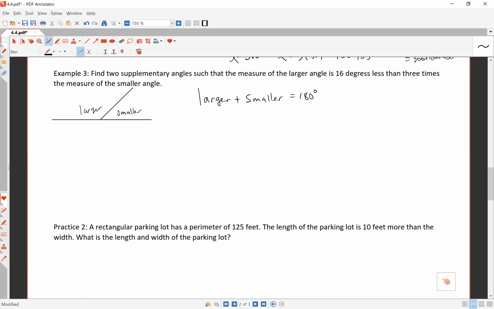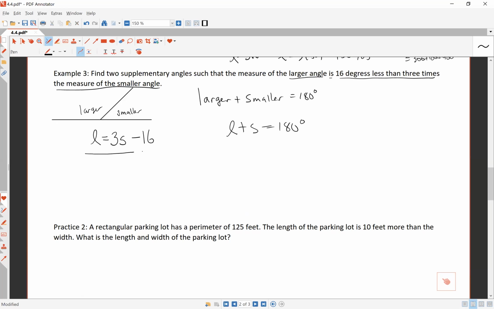That's the first equation: L plus S equals 180. But we're told that the larger angle is 16 degrees less than 3 times the measure of the smaller.